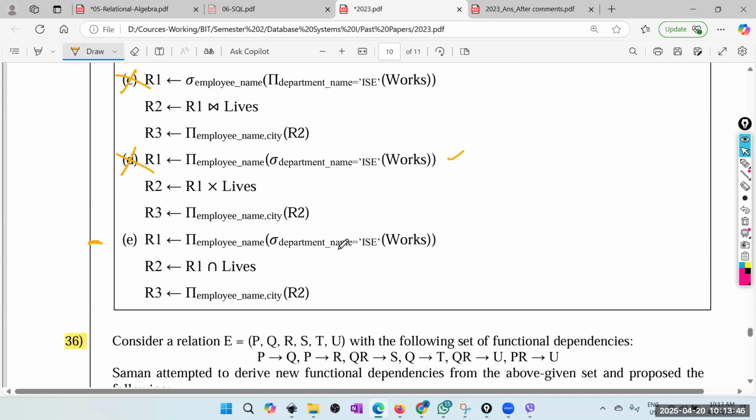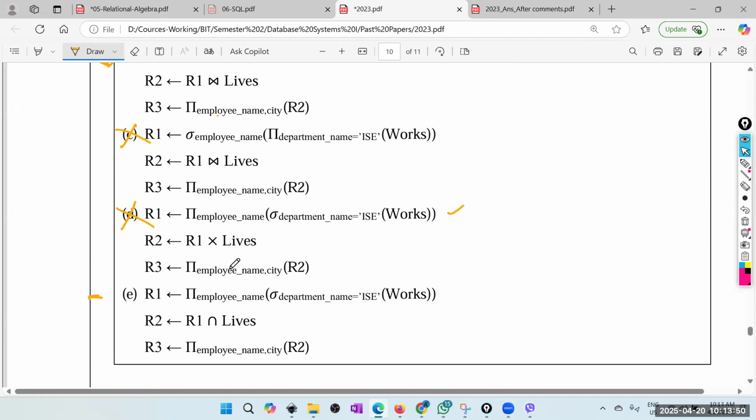So from works, you filter out only department employees, their employee names, and then we intersect with the lives table. Intersect means common. Because it's one-to-one, this may work, but these are not compatible. These are employee names, these are some other fields.